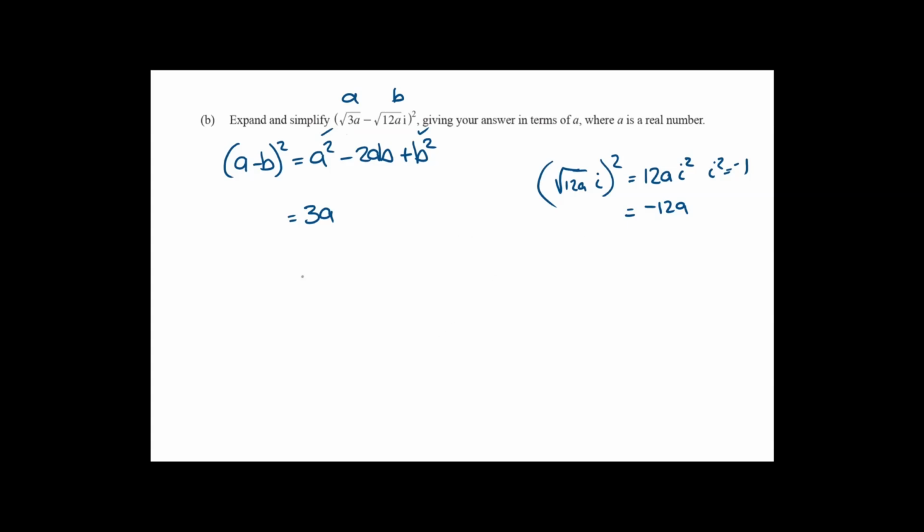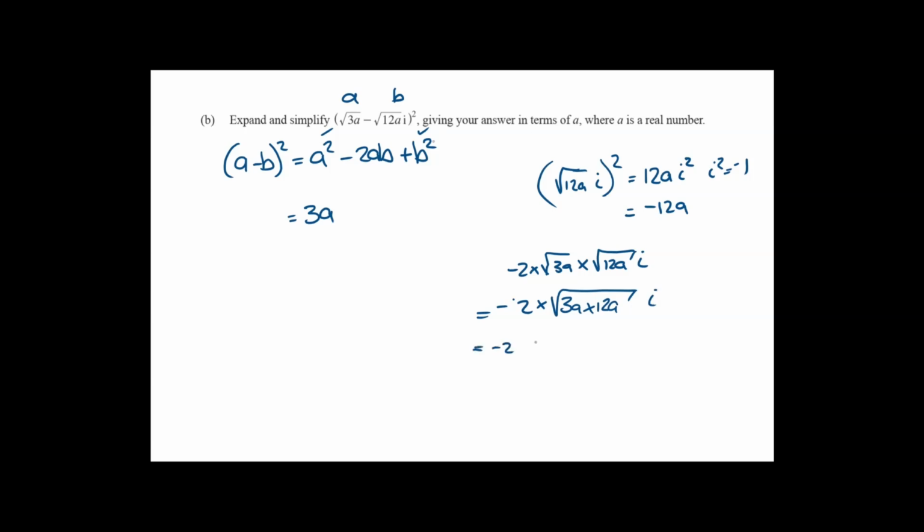Now we need to do the negative 2 times square root of 3a times the square root of 12a i. How are we going to do that? Well, it's going to be minus 2 times, combining the radicals, i stays there.